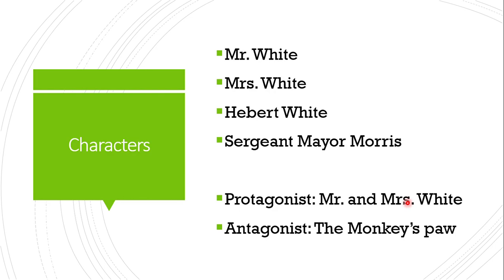Okay, and the antagonist will be the monkey's paw, which is basically the object that unchains all the bad situations and the curses around the story. So that's why I decided to put it as an antagonist. If you think there is another antagonist besides that, you can add it, okay?